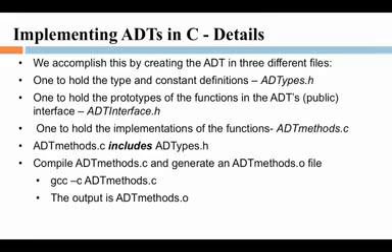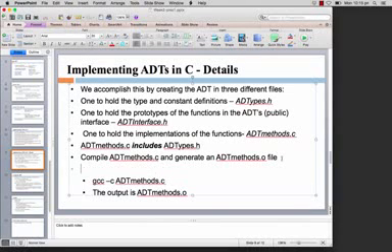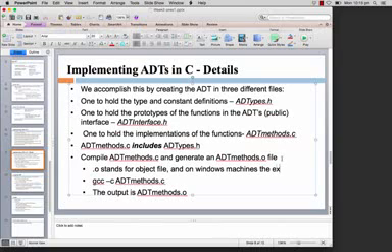So what do you do first? You compile your adt_methods.c and generate not an executable, but a .o file, otherwise an object file. Let me add this right in front of you. .o stands for object file, and on Windows machines the extension is .obj.